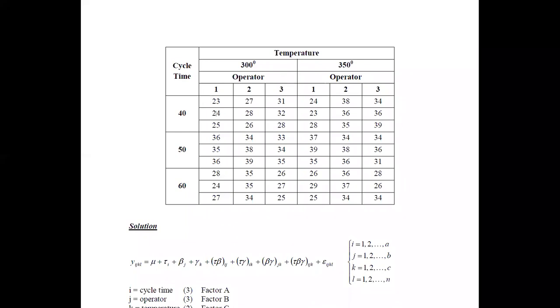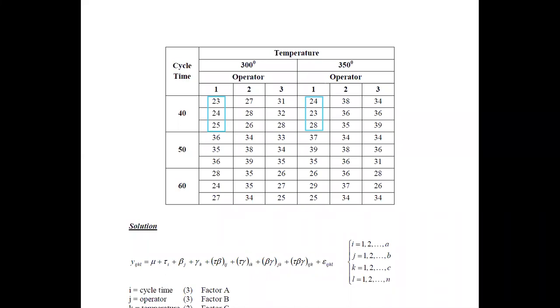Here you can see that cycle time 40 operator 1 is here, as well as cycle time 1 operator 1 is here. Therefore, now you have to take these, which are the interactions with factor A and factor C. This is how we are getting this 147 value.